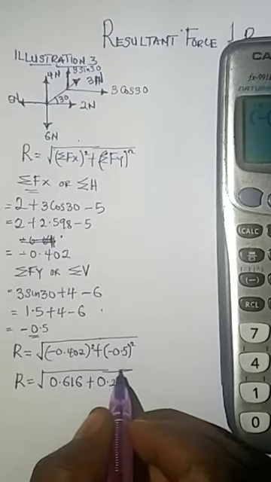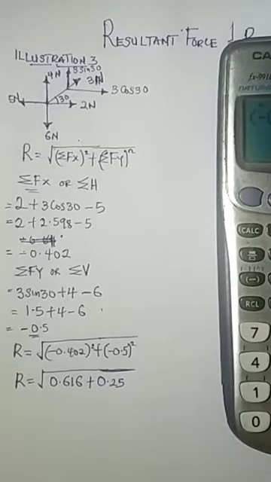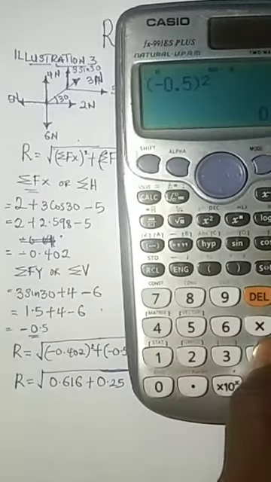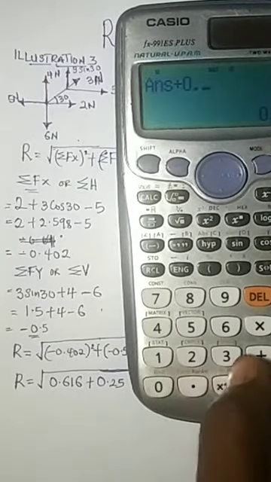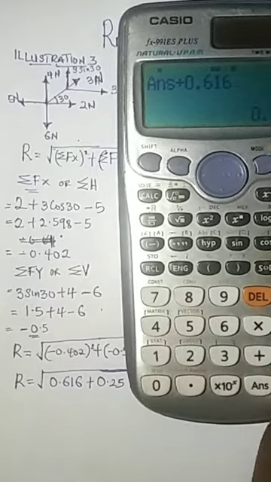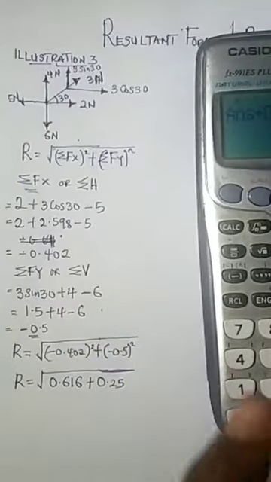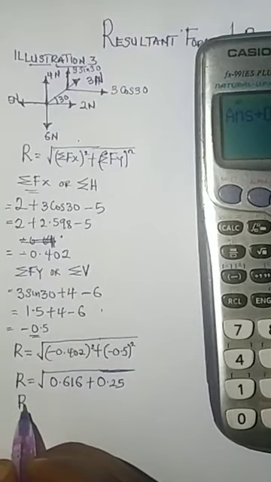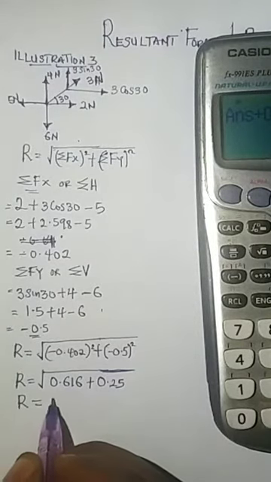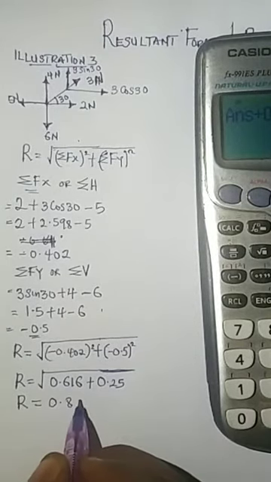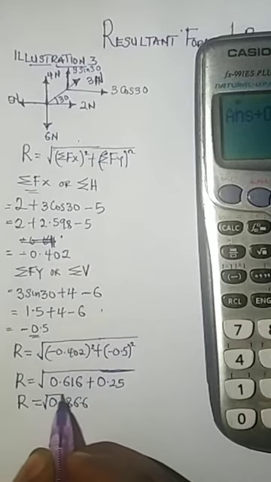So if we add them together, 0.25 plus 0.616, that gives me 0.866, right? I'm having my resultant force here to be equal to what? 0.866, and I'm looking for the square root.